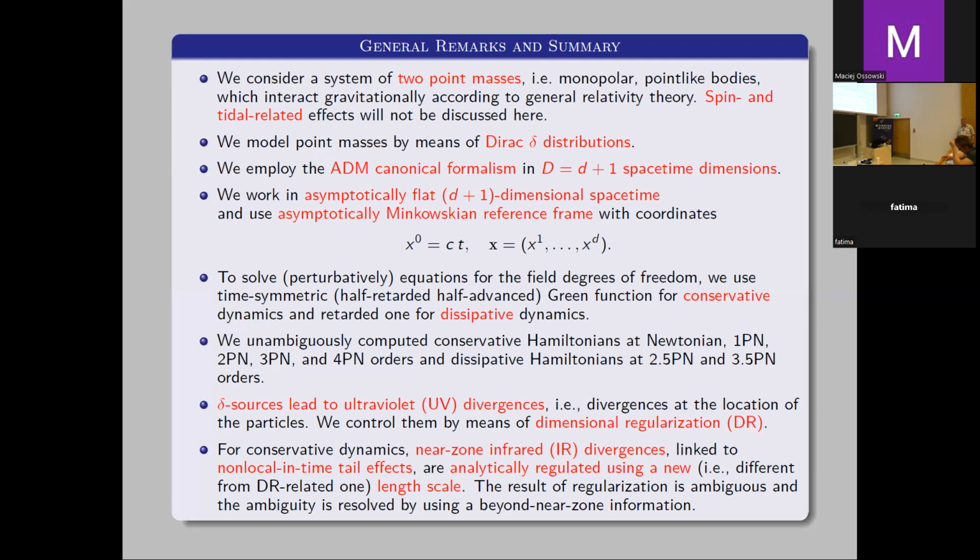The ambiguity is expressible in terms of one numerical constant. And this constant was resolved by using some near-zone information, in fact, information computed within the gravitational self-force approach. This also was mentioned by Adam Pound in his lectures.